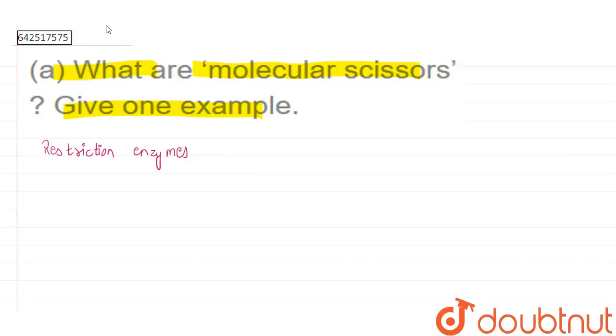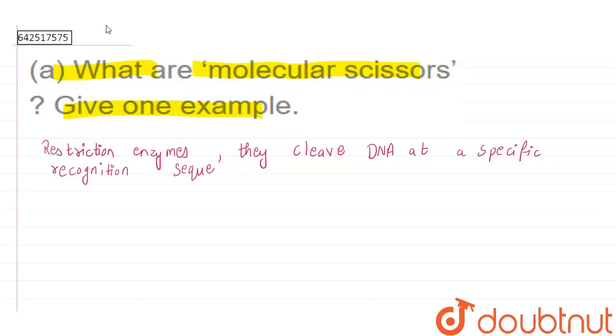They cleave the DNA, cleave as in they cut the DNA. They cleave DNA at a specific recognition sequence, which is known as the restriction site.